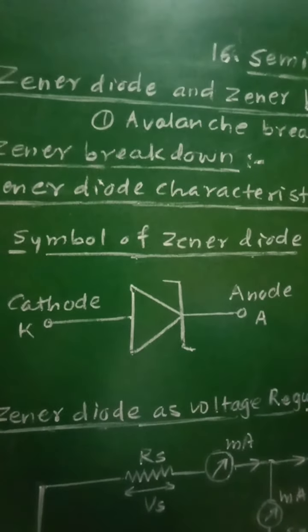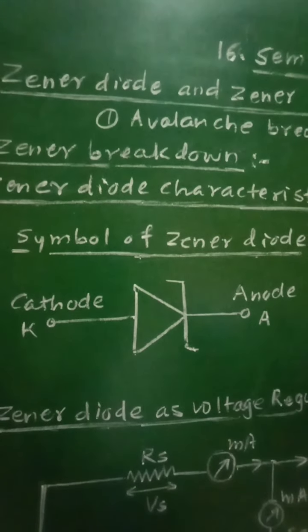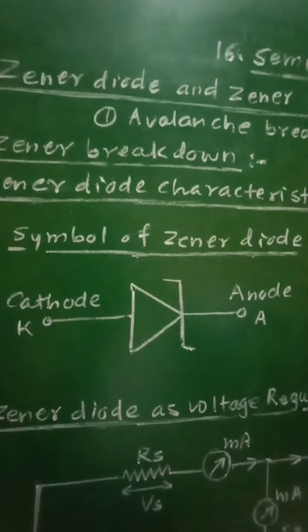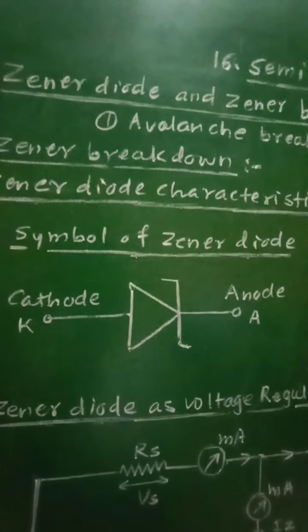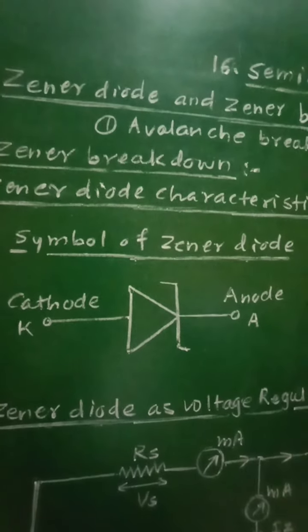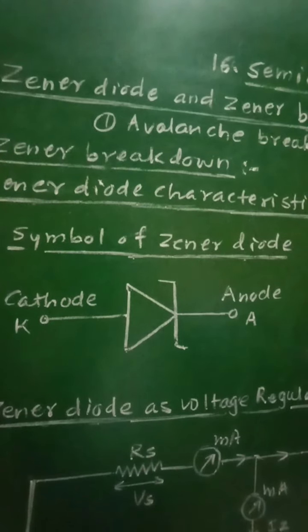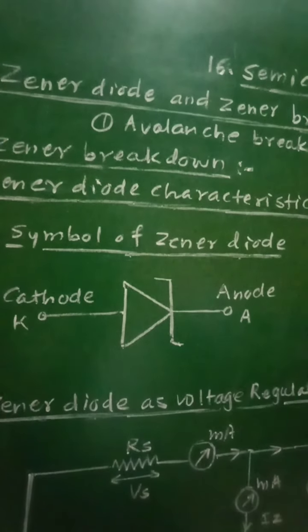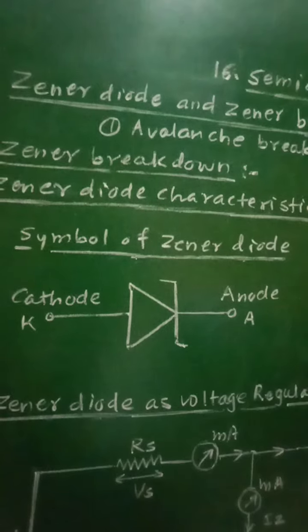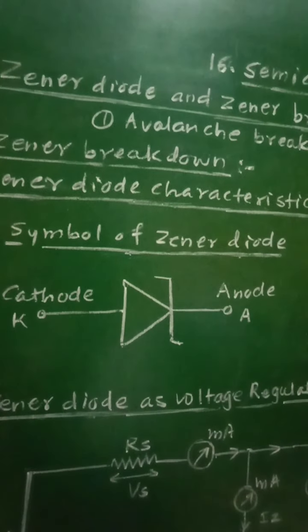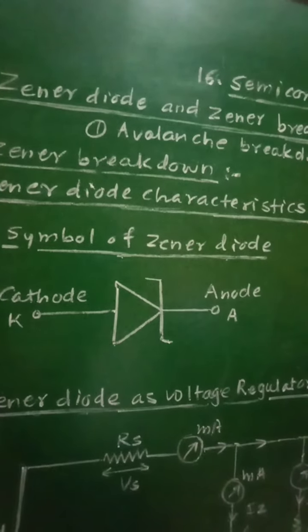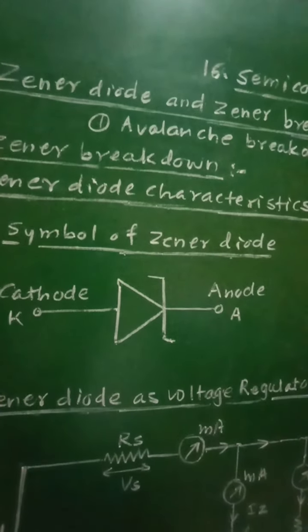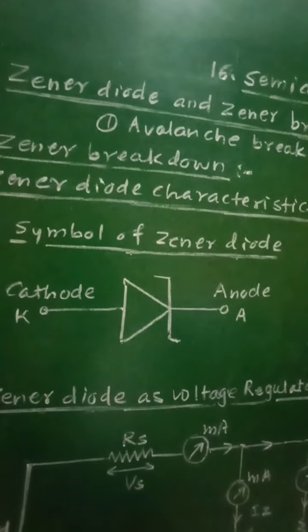This results in a force of attraction on the negatively charged electrons at this junction. Then the covalent bonds holding these electrons together are broken due to the force, and these electrons are then removed from the bonds.